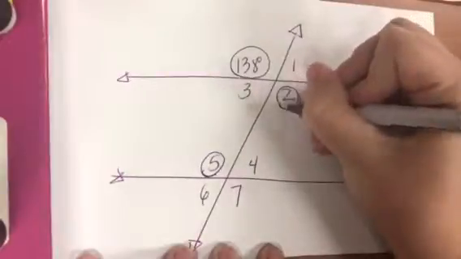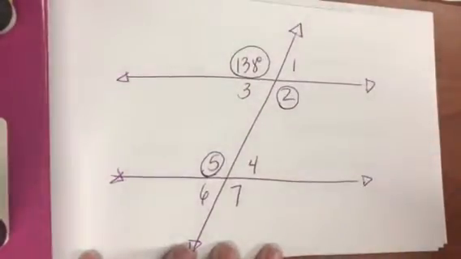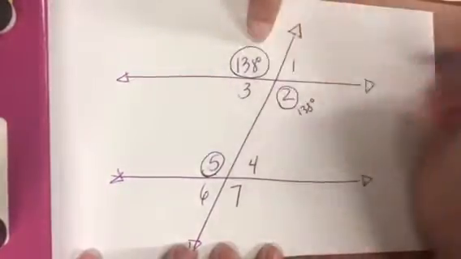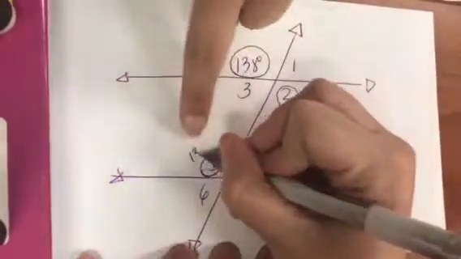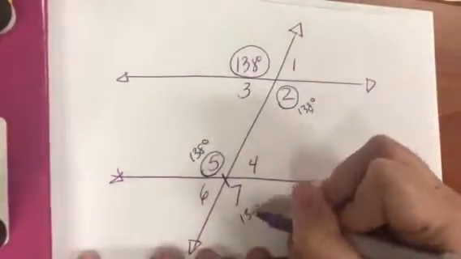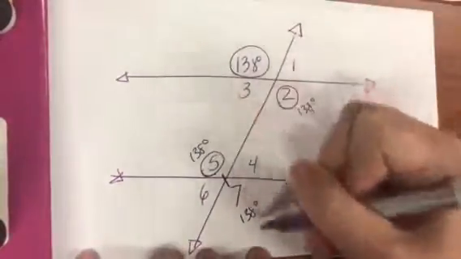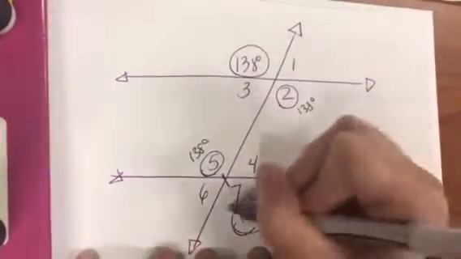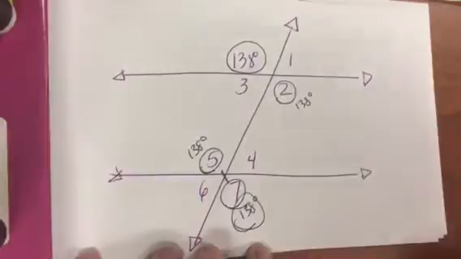So this is a vertical angle. Is that my only vertical angle that I now have? I know that this is 138, which is vertical to 138 here. And then I know my corresponding is going to be the 5. So then my vertical to my 5 is my 7. I have to remember that other vertical angle. Just because I had one here, I have this measurement now. These are all the same angle degrees.